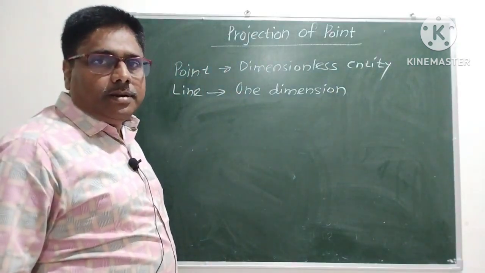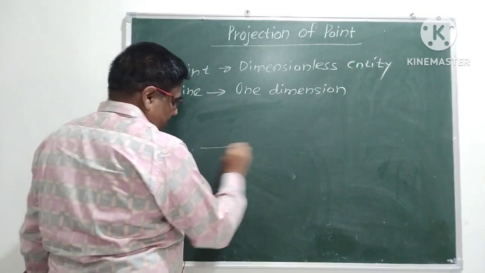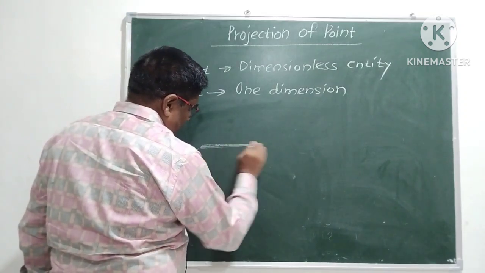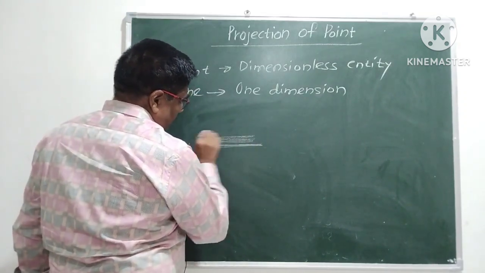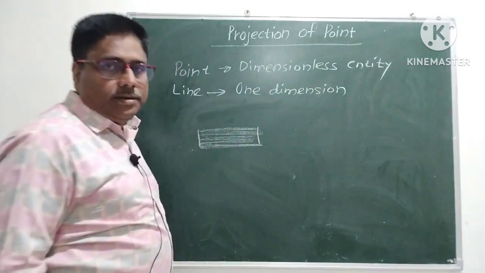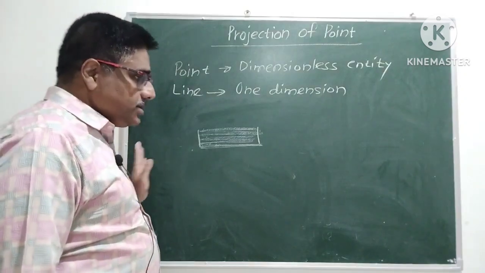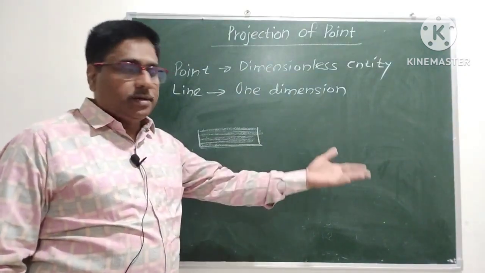If we keep an infinite number of lines one over the other, then what happens? Then a plane is formed. We can keep lines one over the other, or we can keep lines one by one, one after another.